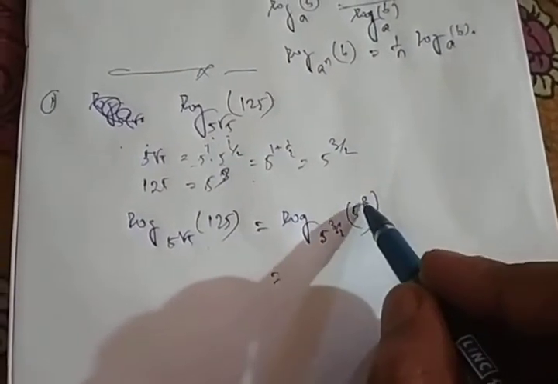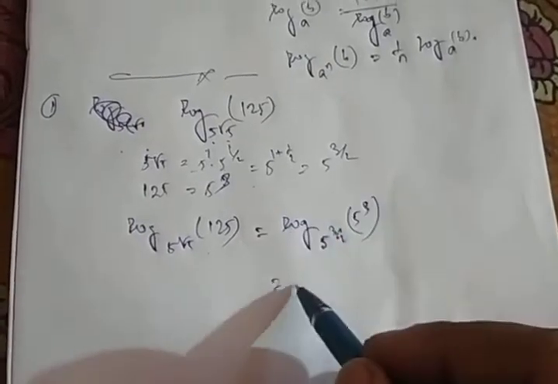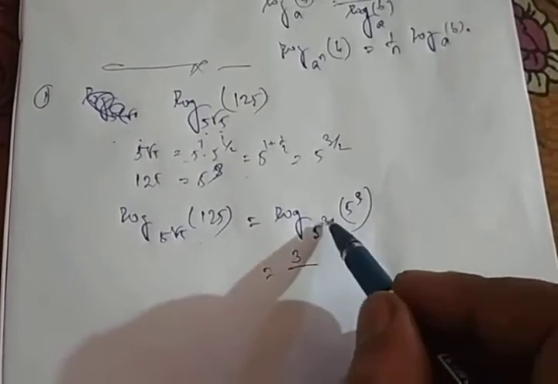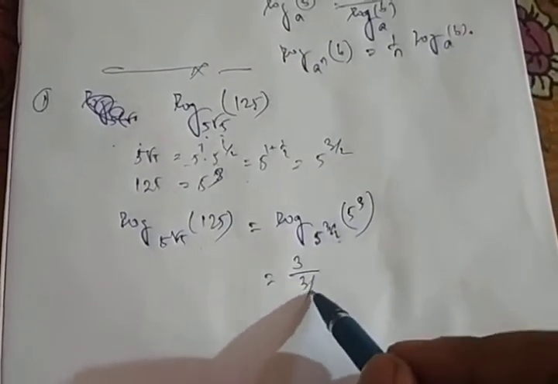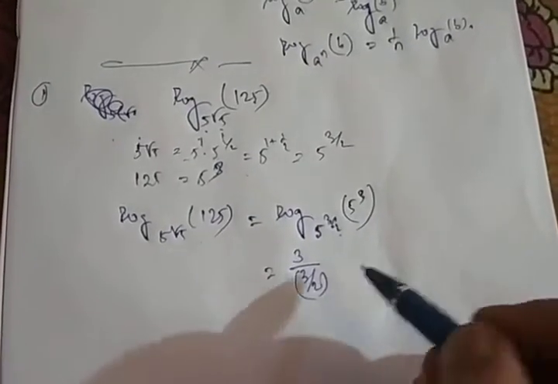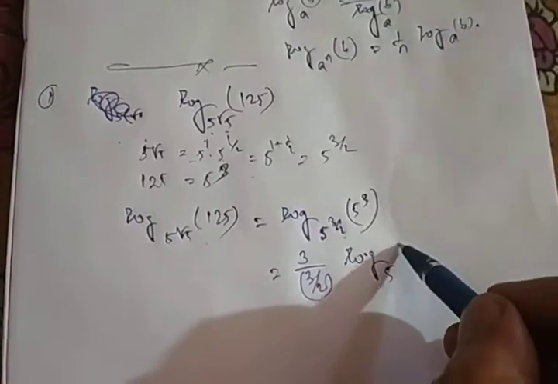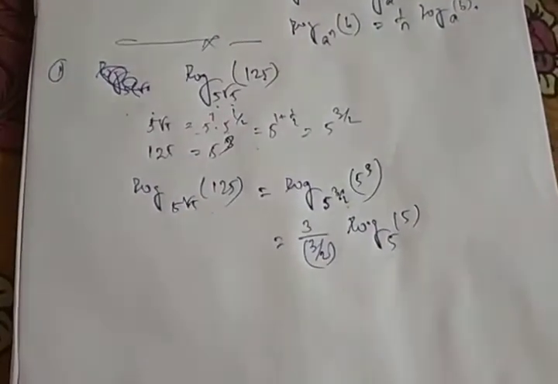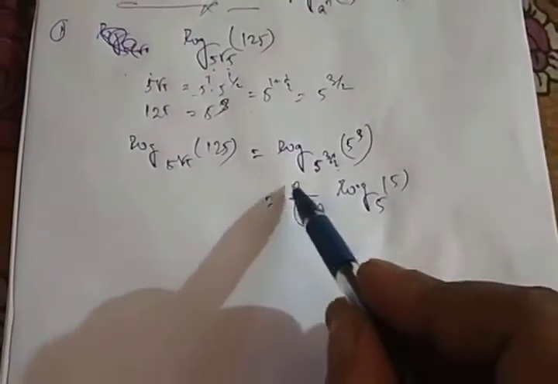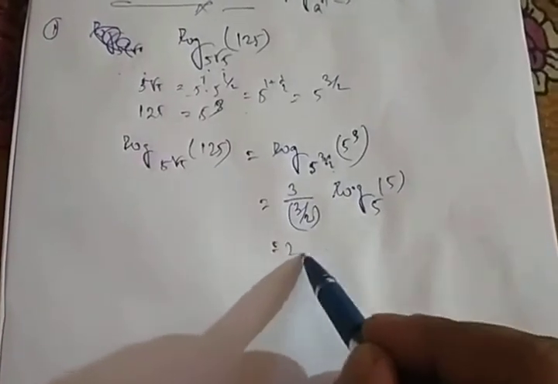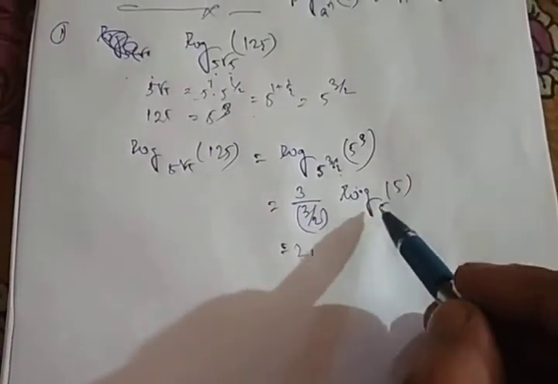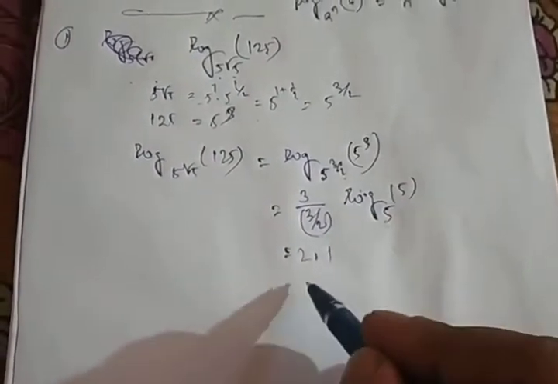So for this 3, here will be 3, and for this 3 by 2, this will be 1 by 3 by 2, and the remaining log 5 and this is also log 5, right? Now calculating this, we get 2, and we know the log of a with respect to base a is 1, so this is equals to 2.